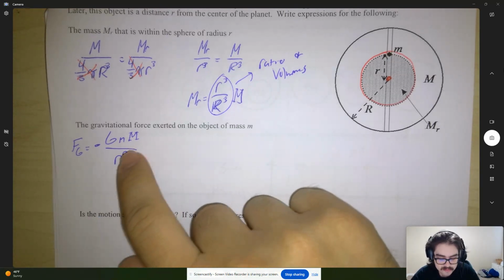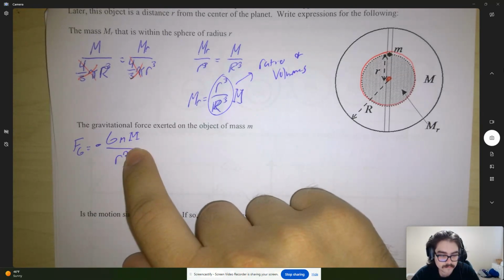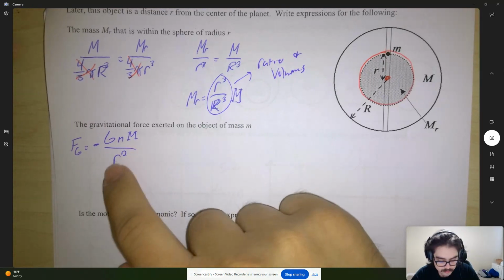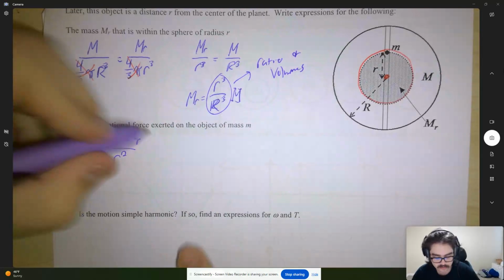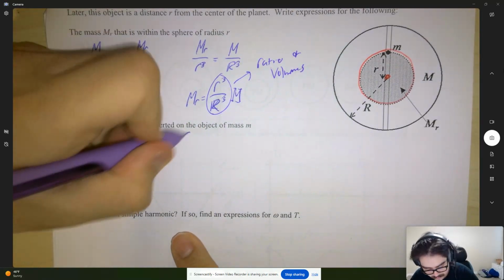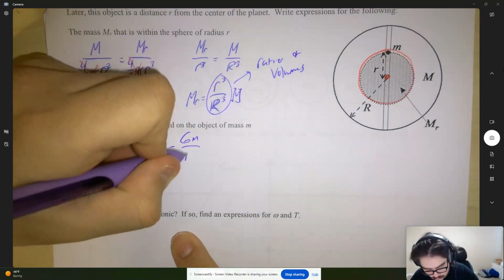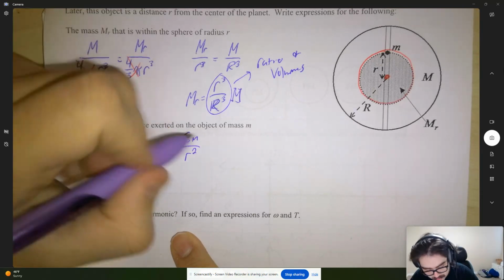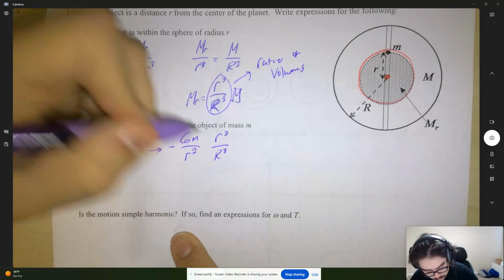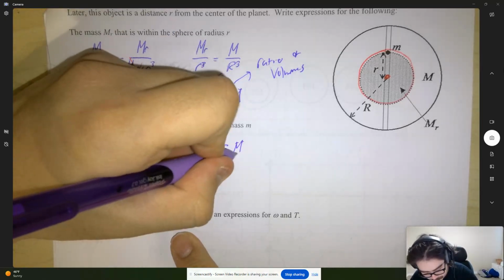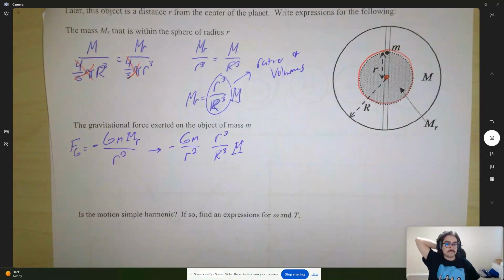Now, I do need to make a substitution. This big M should actually be big M sub r, and I need to substitute the expression I got earlier. So that becomes negative G little m over r squared times r cubed over big R cubed times big M, the mass of the planet.